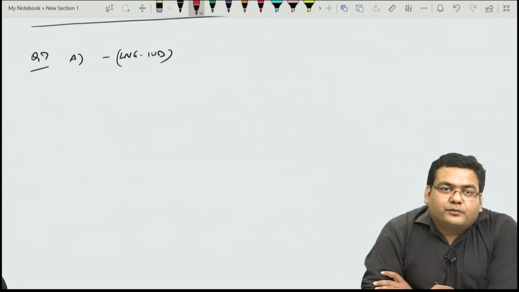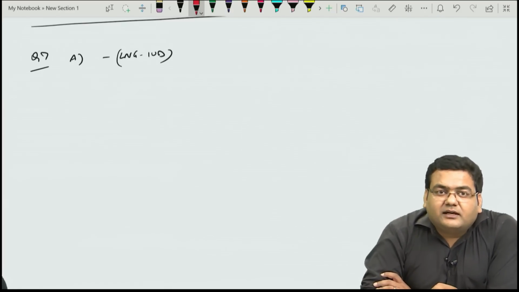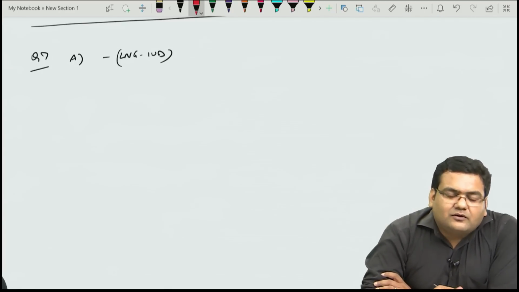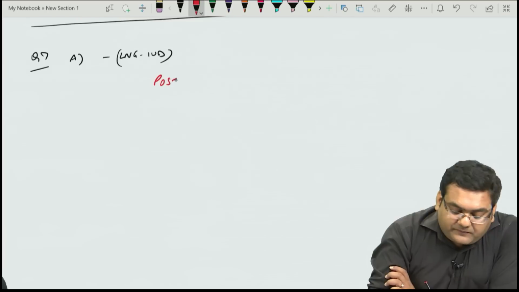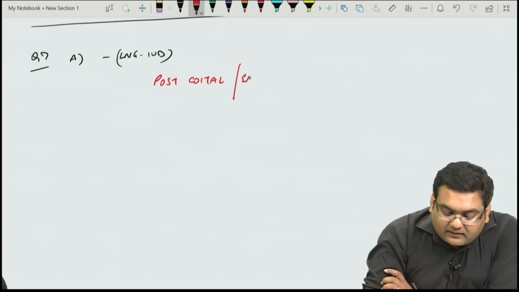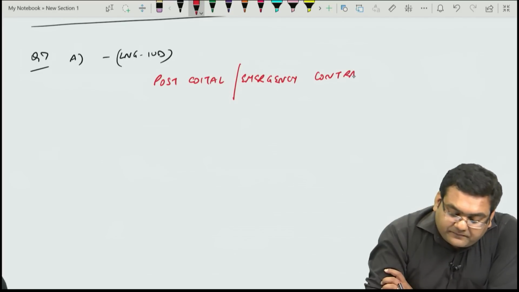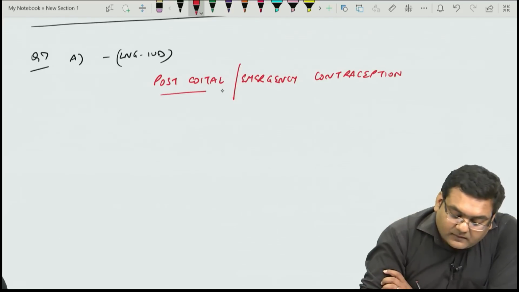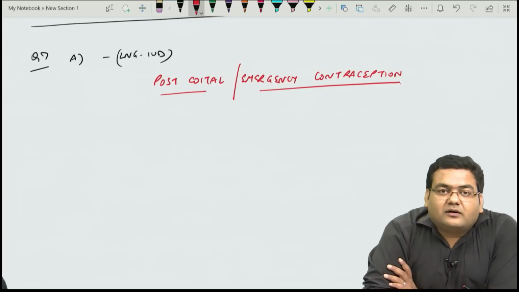Now it gives us an opportunity to discuss this question in detail as to various methods of post-coital, also called as emergency contraception.